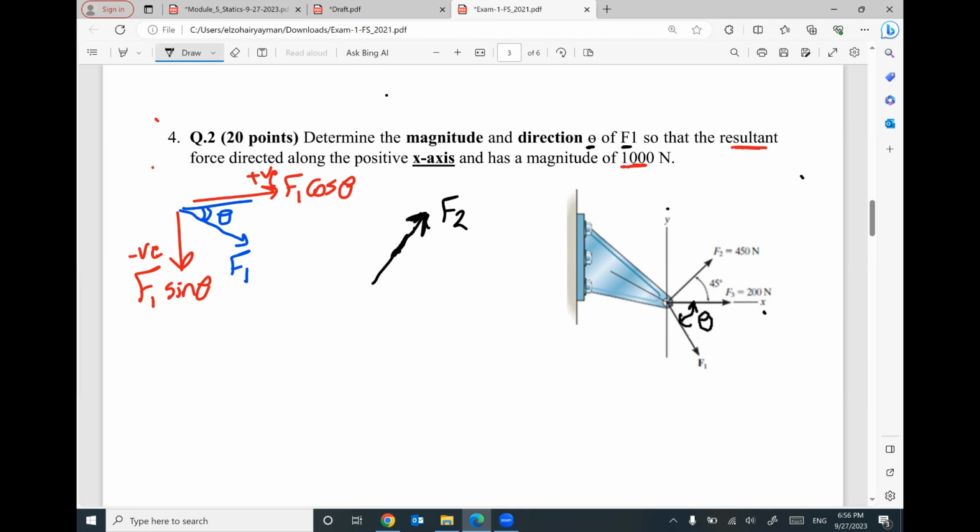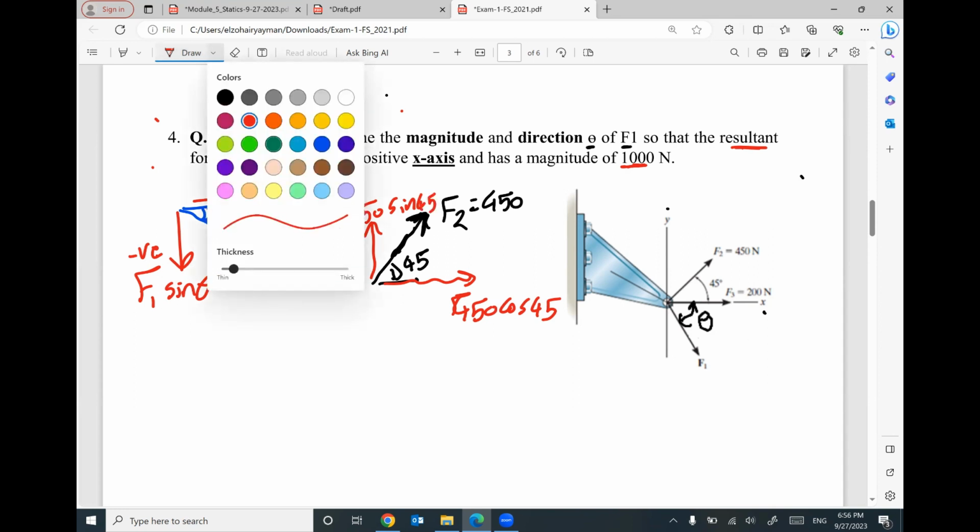F2 is given as 450, and we are given the angle 45 degrees for F2. So I can break this force into two components, one horizontal, 450 cosine 45, and one vertical, 450 sine 45.